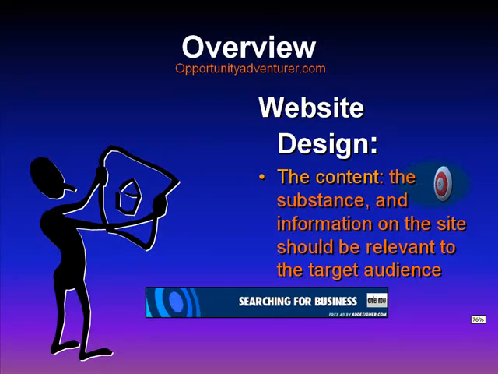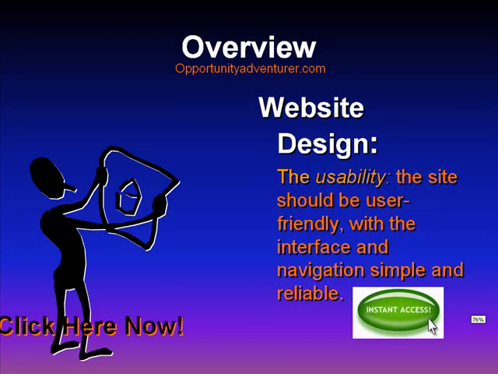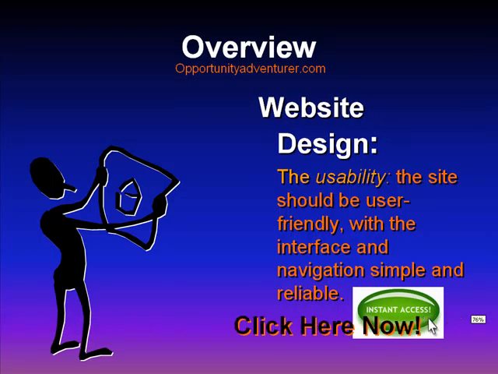Another thing to think about is how your audience is going to use your website. The site should be user-friendly with the interface and navigation simple and reliable. Which brings up another thought on how it will look. You know, appearance counts for a lot.